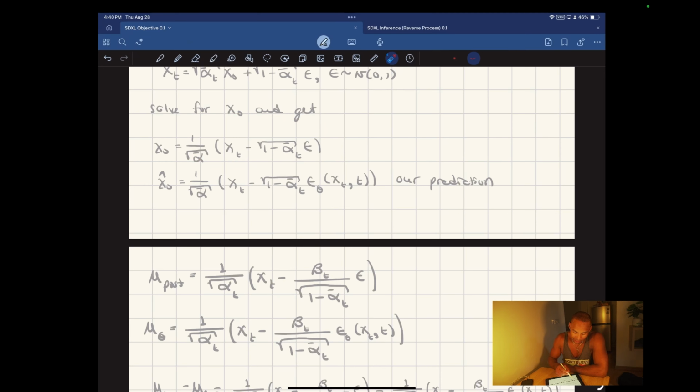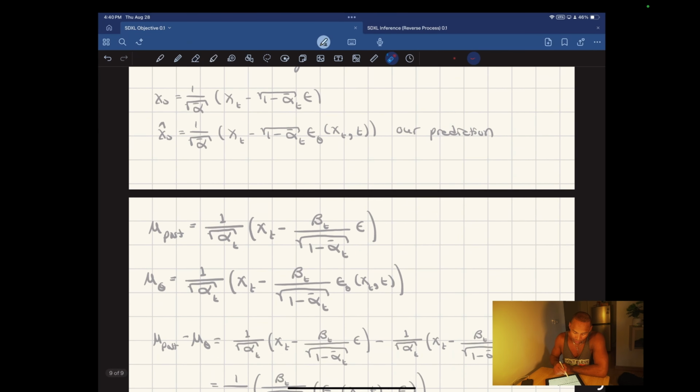And then if we swap x naught with the definition of x hat naught, we'll get the mean for the model's prediction, right? So we'll get these 2 equations.